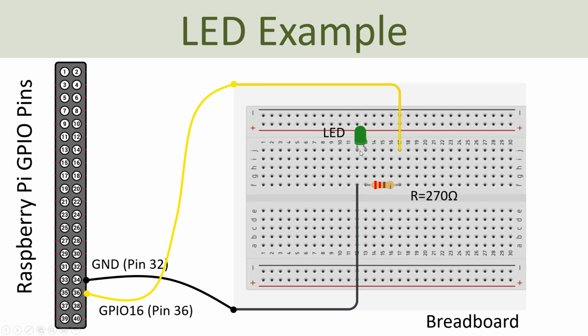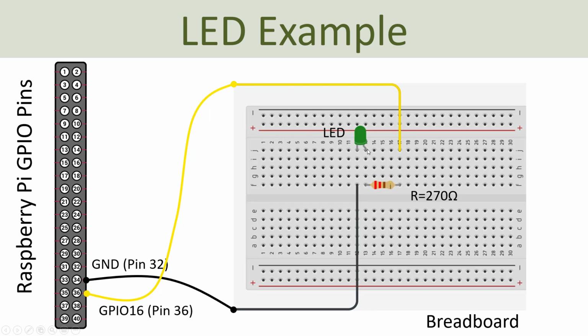Here you see a more detailed wiring. We connect a LED on the breadboard, and we use a 270 ohm resistor, and then we use one of the general purpose input-output pins. In this case, I've used general purpose input-output pin number 16, which is actually pin 36 of this connector.